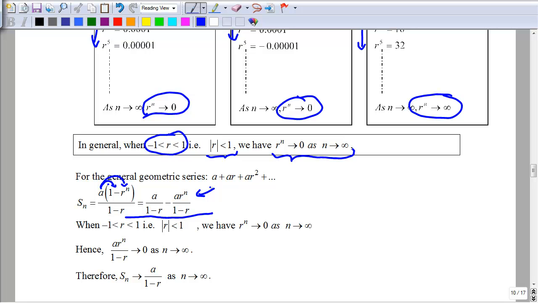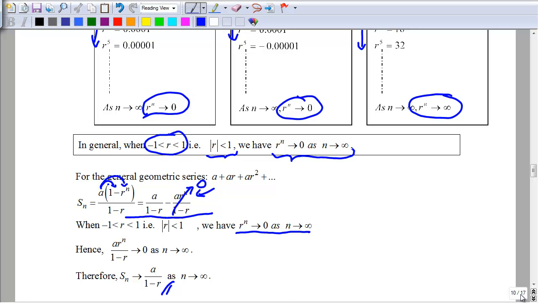And when n tends to infinity, r to the power n tends to 0. For the first two cases, we find that this r to the power n will approach 0, and the whole term here will be gone, leaving the sum to n terms as a over 1 minus r.